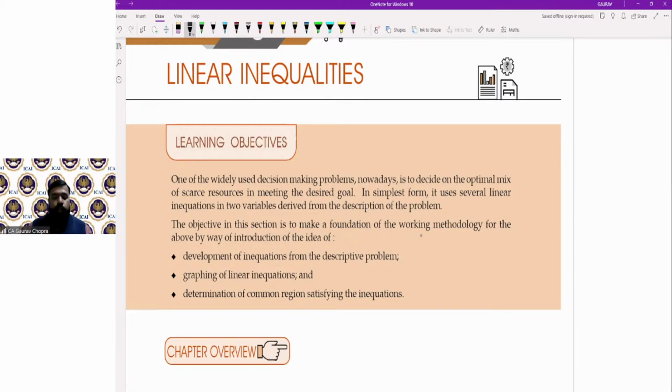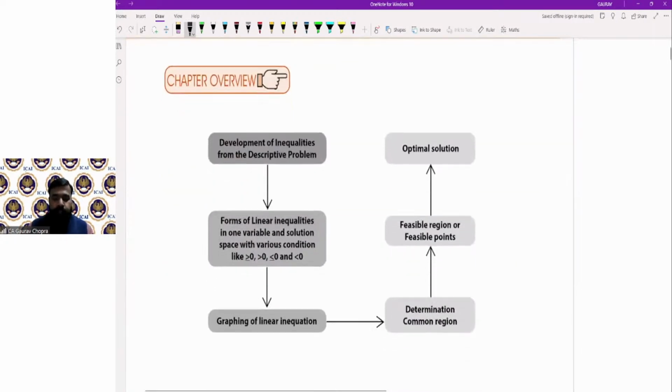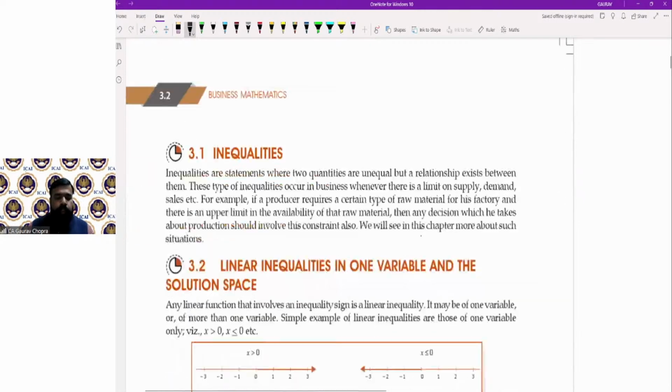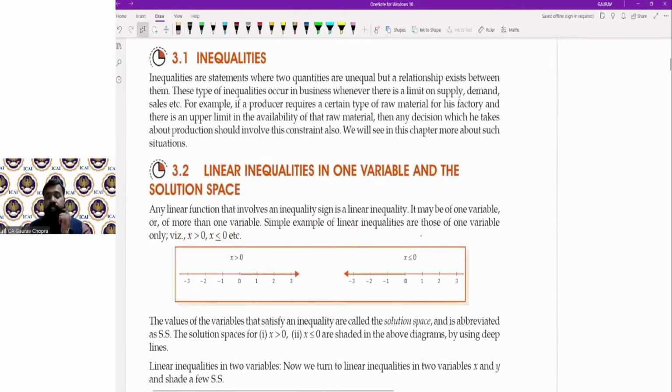Okay, so let us begin the topic. Inequalities means when two things are not equal. When the two things are not equal, then only we use the term inequality.